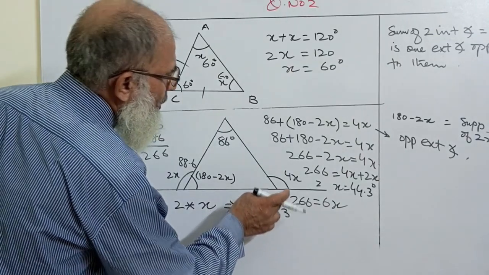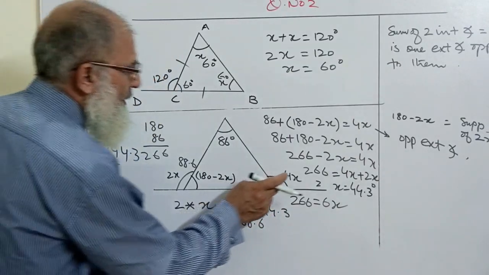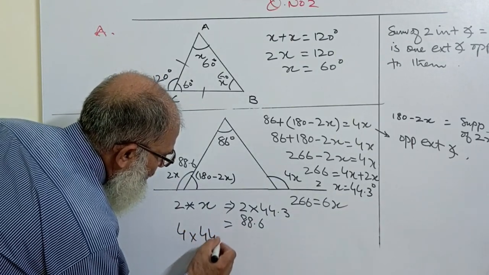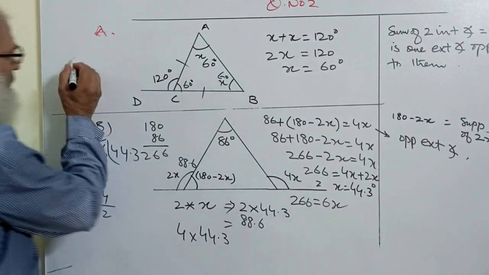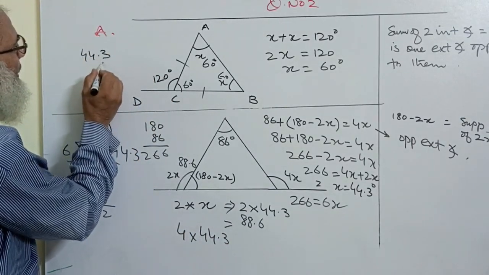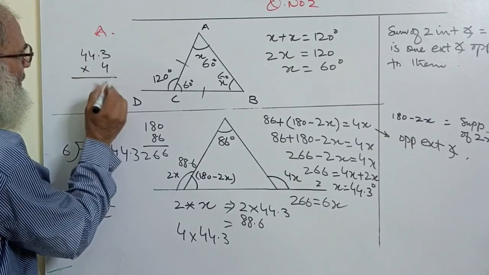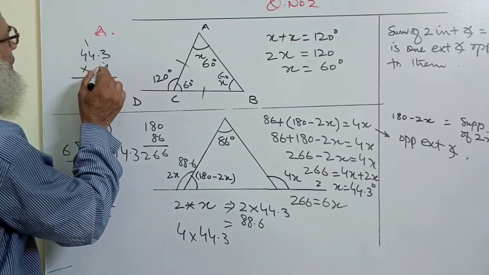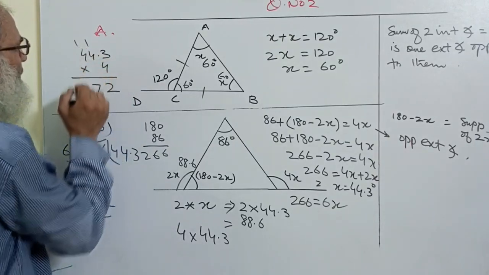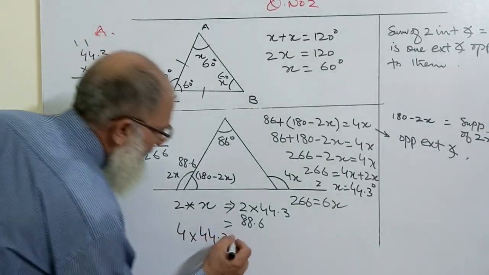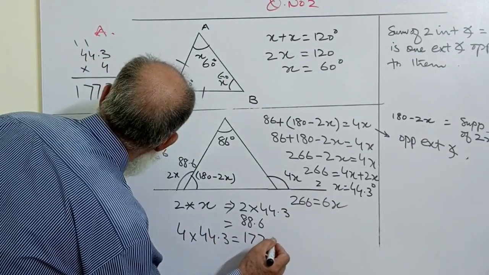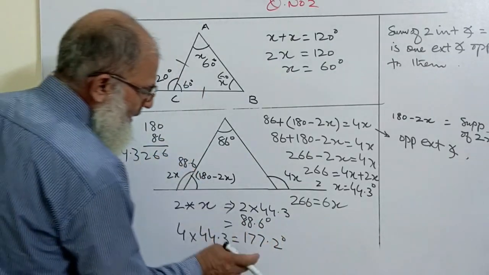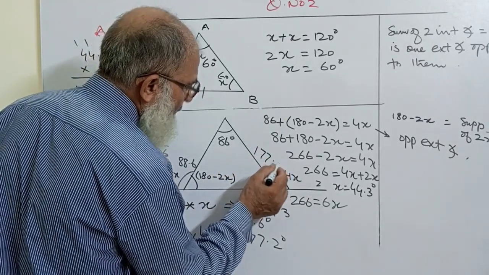And this angle 4x, we haven't found yet. 4 multiplied by 44.3. 4 3s are 12, 4 4s are 16, 17. So 177.2 degrees. So this is 88.6 degrees, and this is 177.2 degrees.